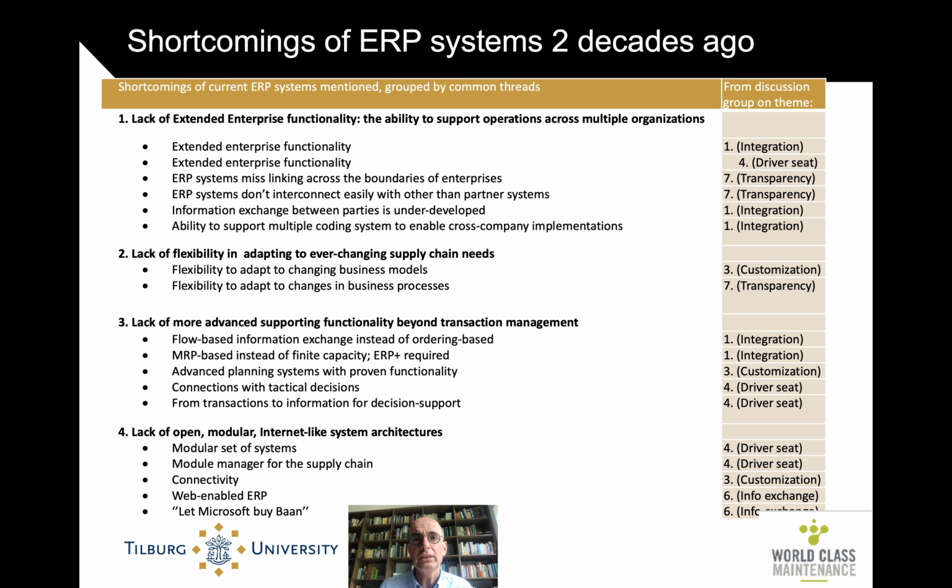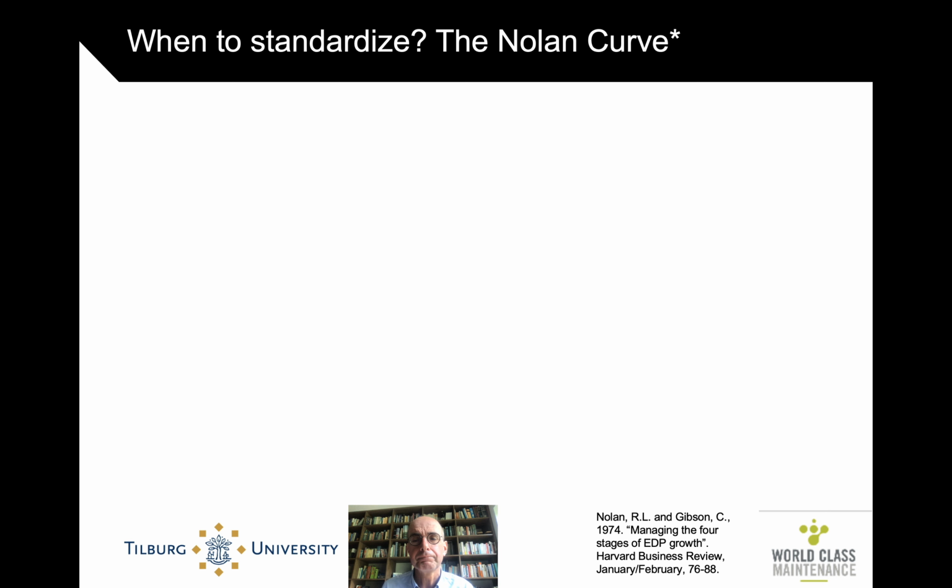And I'm wondering what customers of ERP systems, not vendors, would say now. The flexibility, management information beyond the transactions, and open modular system architectures were all seen as shortcomings of ERP systems back then.